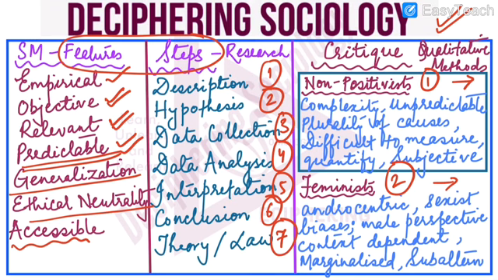They stress on qualitative tools instead of scientific method. Why? Because human beings are complex, unpredictable. Also, whenever we want to analyze the cause of any event, there are so many causes and so many effects. How do we establish a direct relationship between cause and effect? And cause and effect is one of the pillars of scientific method.